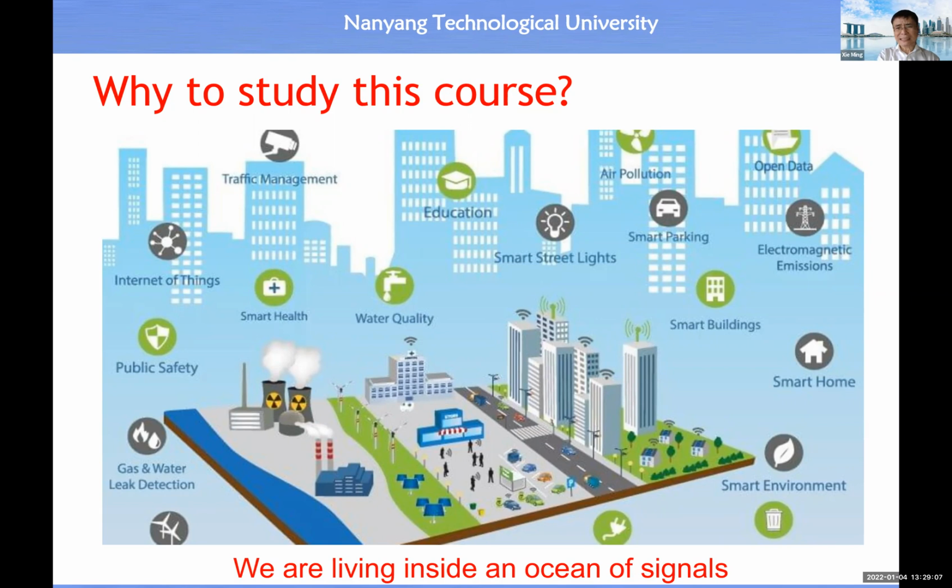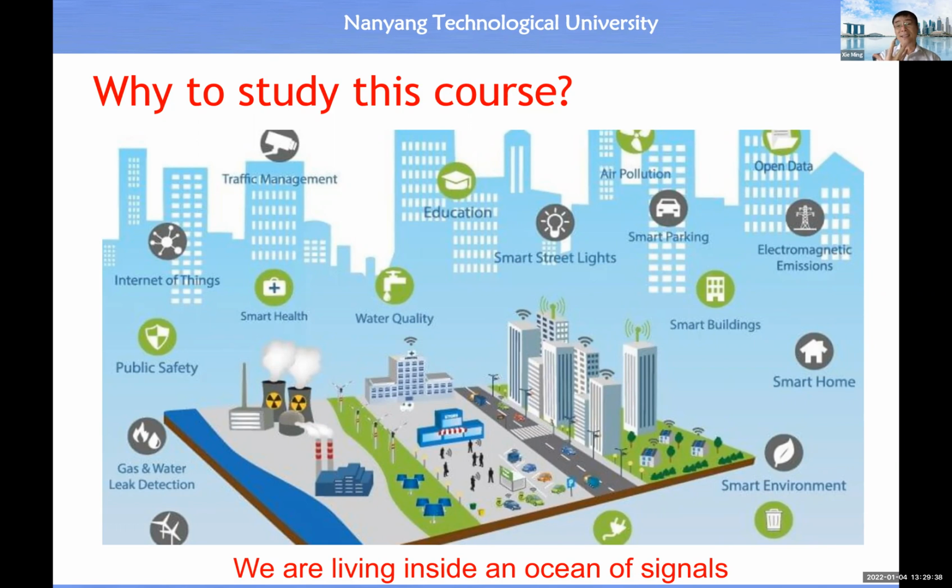For example, in this slide, you will see the requirement for us to develop a smart parking system, smart street lighting system, smart building system, smart home system, smart environmental system, smart health system, and also Internet of Things, which could be deployed in the city area or nationwide, right?